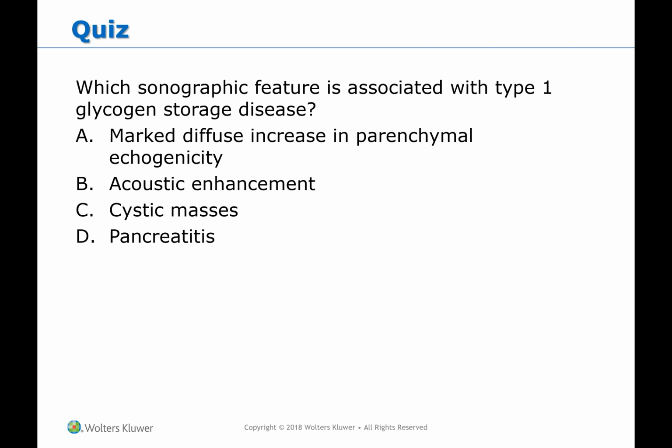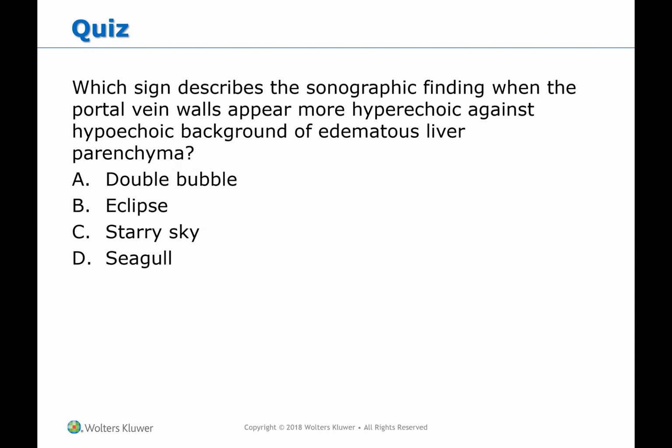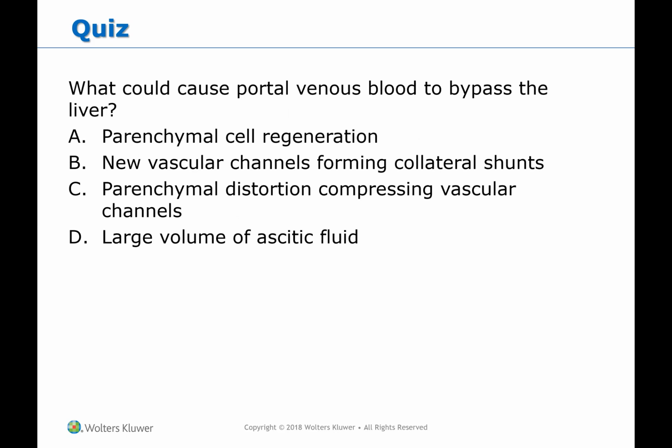If you said A, marked diffuse increase in the parenchymal echogenicity, you're correct. Which sign describes the sonographic finding when the portal vein walls appear more hyperechoic against a hypoechoic background of an edematous liver? C, starry sky. What could cause portal venous blood to bypass the liver? B, new vascular channels forming collateral shunts.